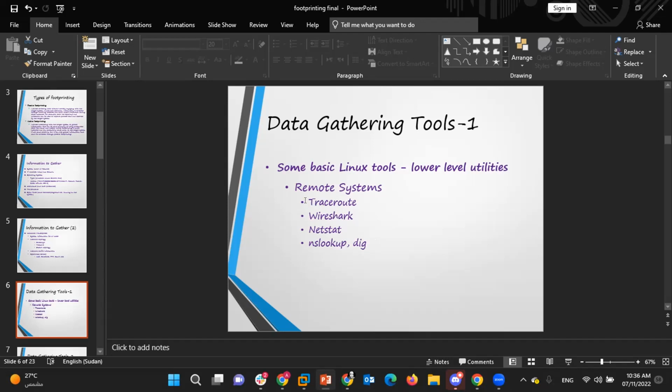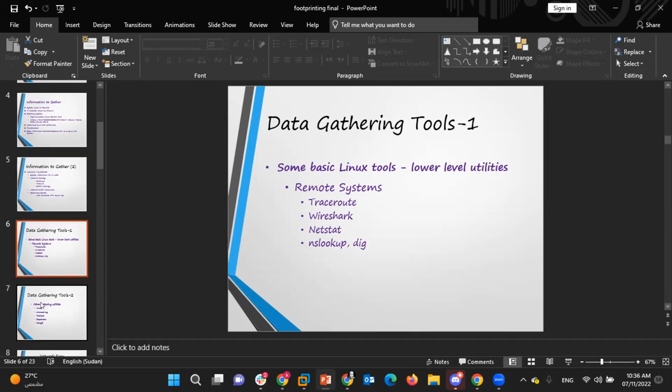Traceroute for network topology, Wireshark to analyze the packets, netstat to know about the ports, whether they are open or not, and NSLOOKUP to get or reverse an IP from a website or host name. These are lower-level utilities. All of these tools can be used by command.